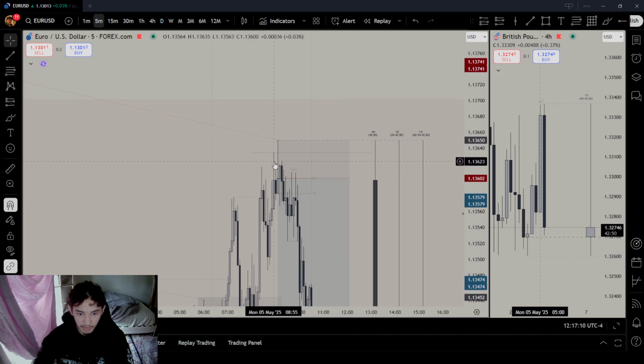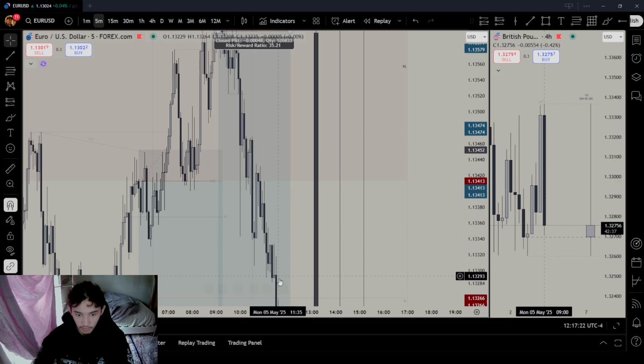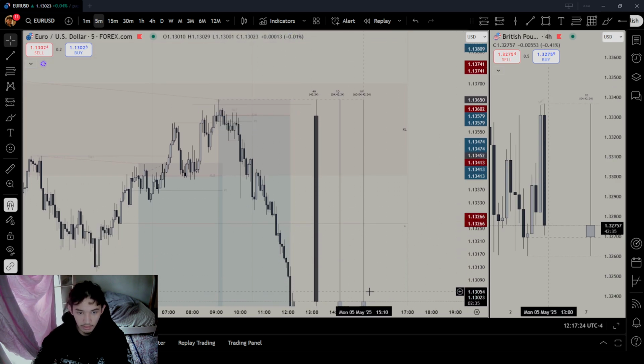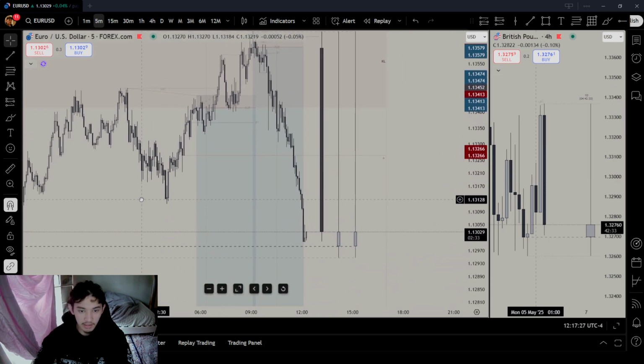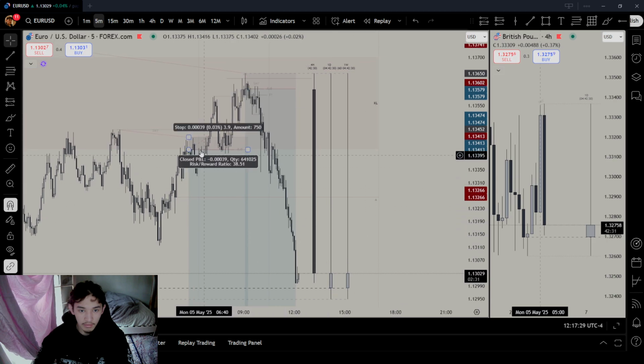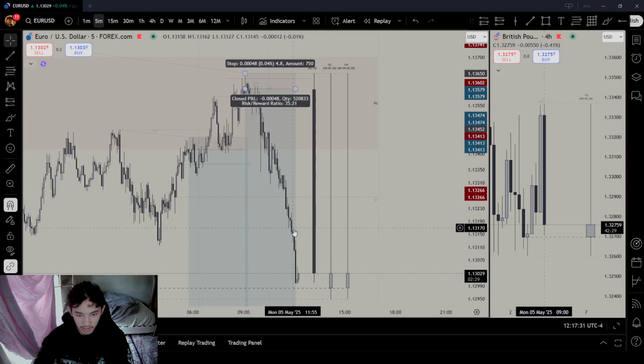Because this high right over here had a legit high, a bullish-bearish candle. Price pressed at the high, and eventually the market went down lower from here forward. You see, the market did go lower, all the way down here.